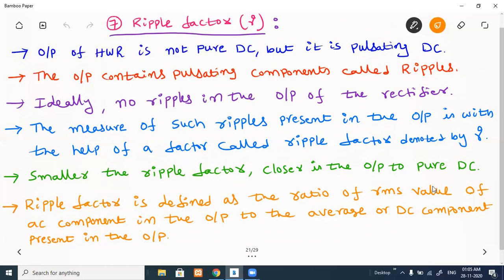So based on this, we can define the ripple factor. Ripple factor is defined as the ratio of the RMS value of the AC component in the output to the average value of the DC component present in the output.